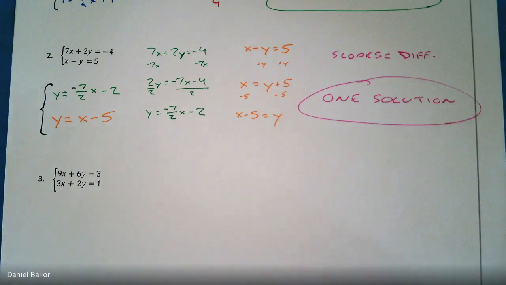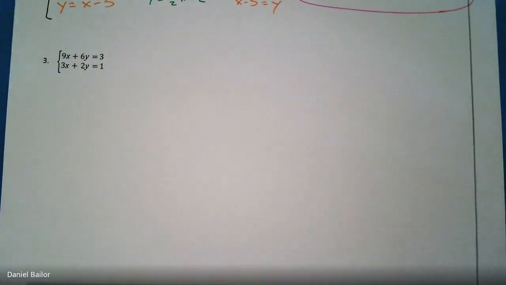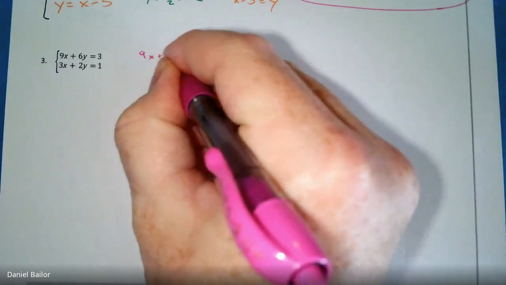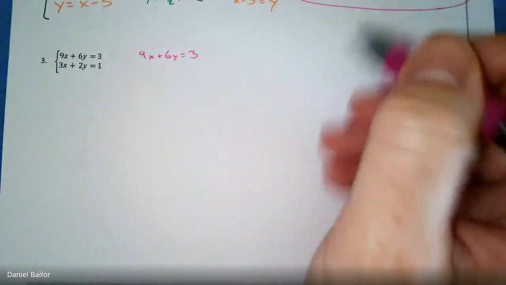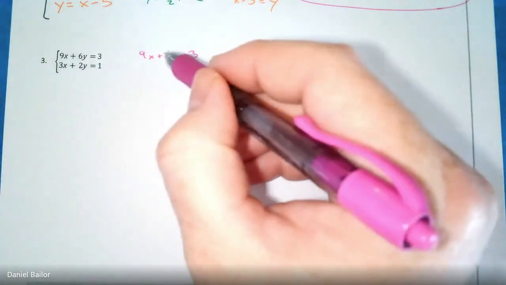And I'm pretty sure you can probably guess what's going to happen for the third question. What's going to happen for number 3? Well, again, these are in standard form. Let's change them into slope-intercept form. We have 9x plus 6y equals 3. If you notice, I see 9, 6, and 3.